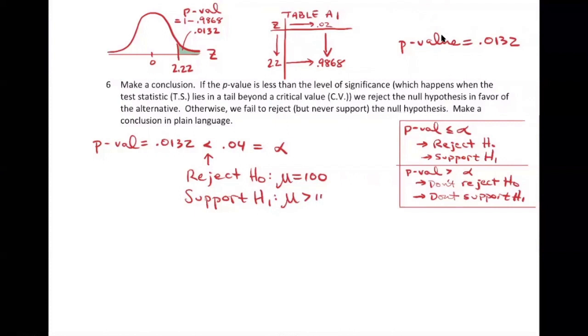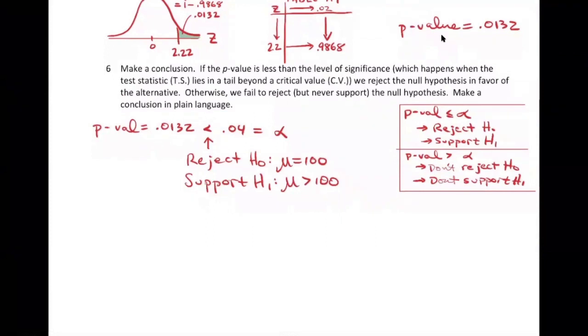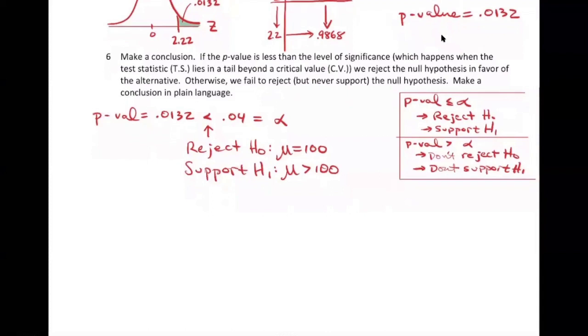I'm not saying what it is. I do have 106 from a sample, but that was only like 35 students, and there's a lot more statistics students out there. So it's silly to act like you know what the mean is. But we have evidence that it's more than 100, and so we can speak with a certain amount of confidence on that.